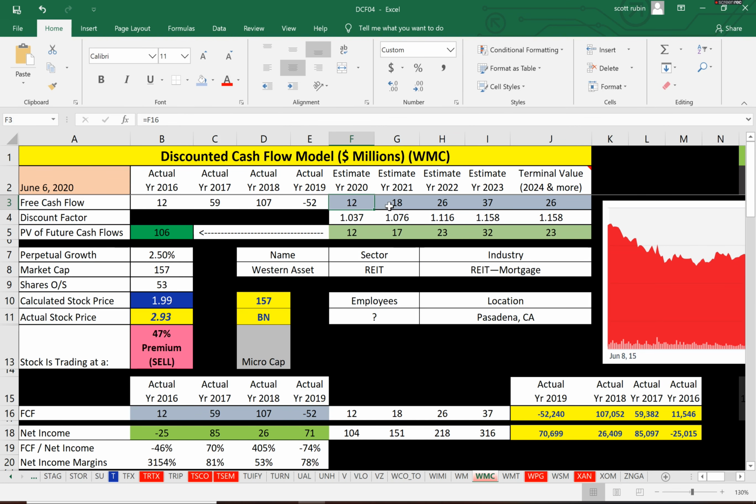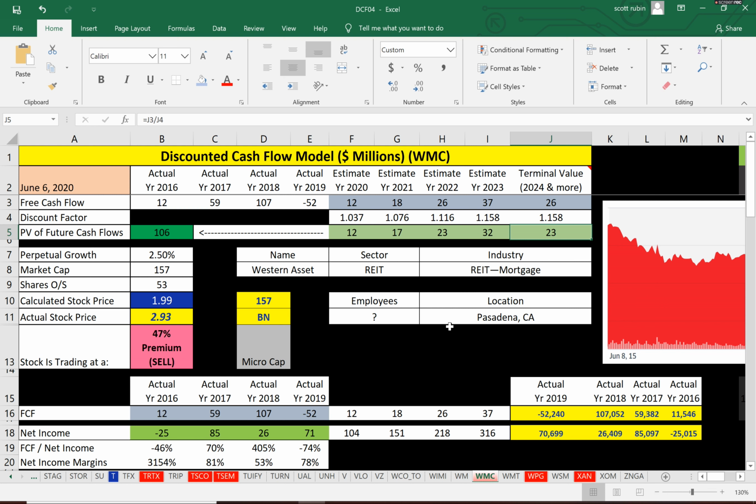We calculated 4 years of free cash flow, and then we did a terminal value, which is all years past year 4. The reason the terminal value is so low, you would think it would be higher than the previous year because it's taking all years into account, is because the model takes into account debt. So if a company has a lot of debt, they lose a lot on the terminal value.